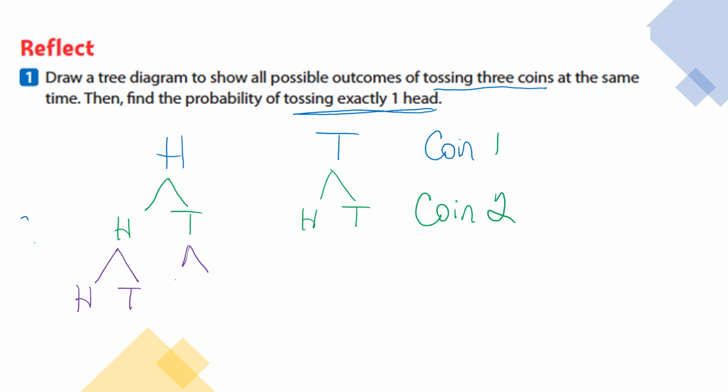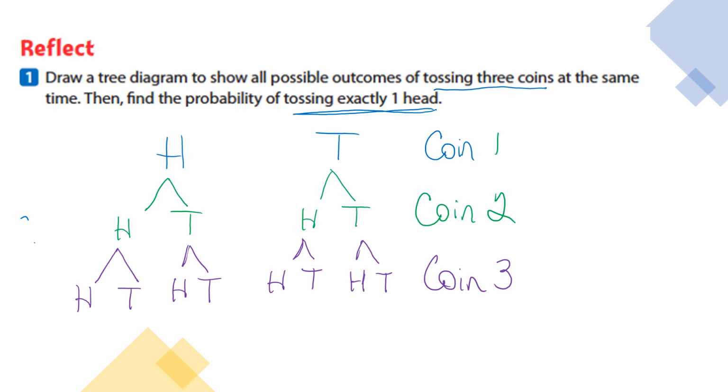So you're branching off each time for each coin you have, heads or tails. So this is coin 3. Had you had 4 coins being tossed, then you would need to branch off again. Just depends on how many coins. So that's the reason it's very important you read your statement.